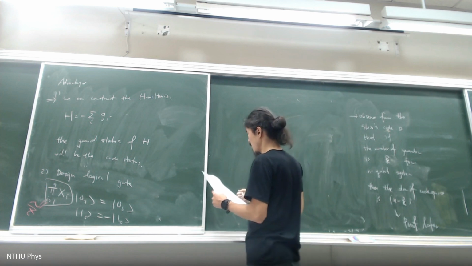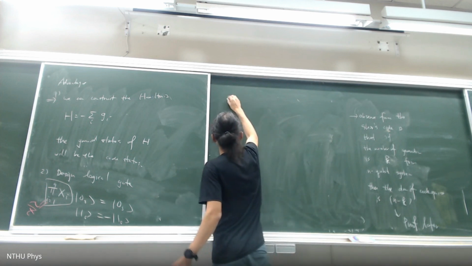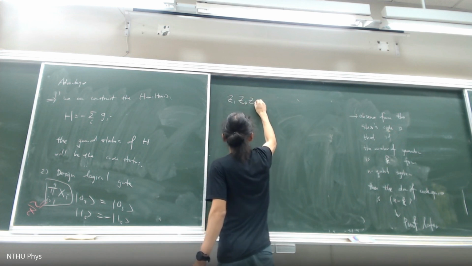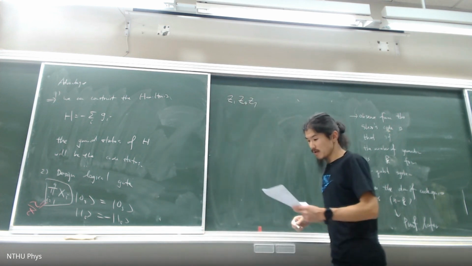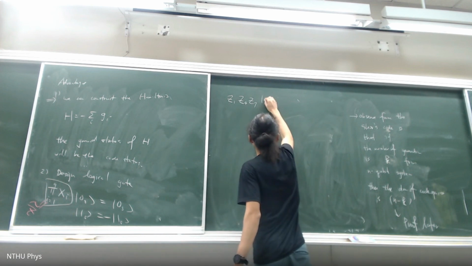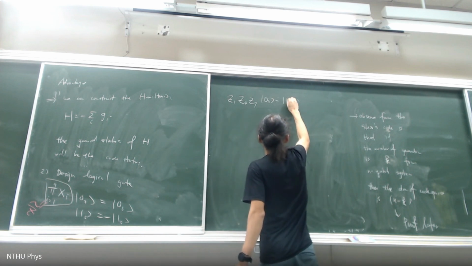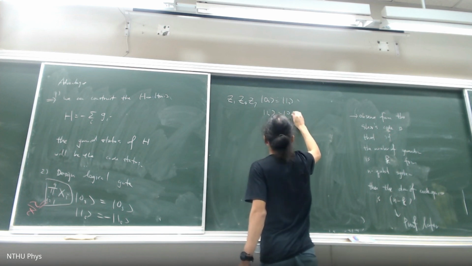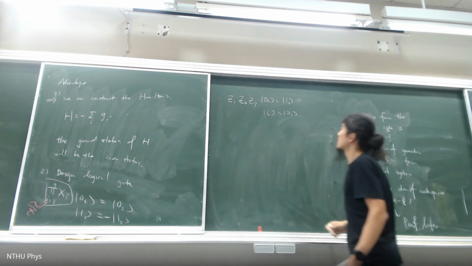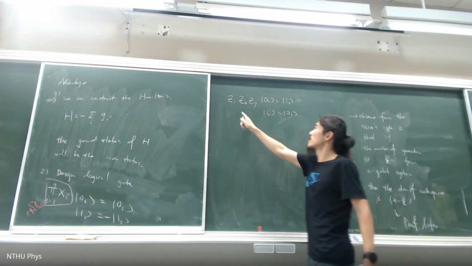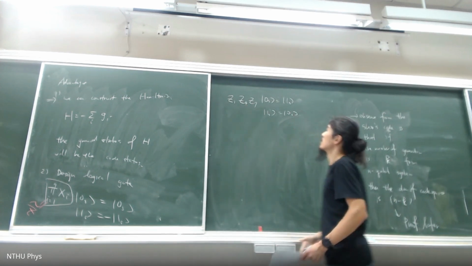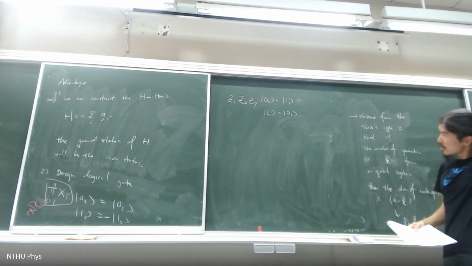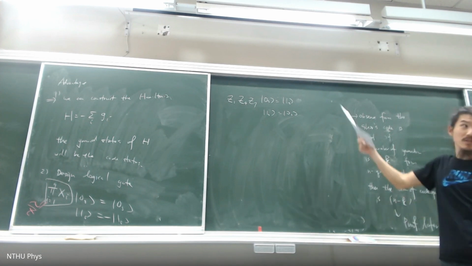So we can also find, for example, Z1, Z4, Z7, this kind of operation. For example, acting on 0, it becomes 1, and 1 becomes 0, because it only acts on one of the qubits in the cluster, so it basically flips the sign.